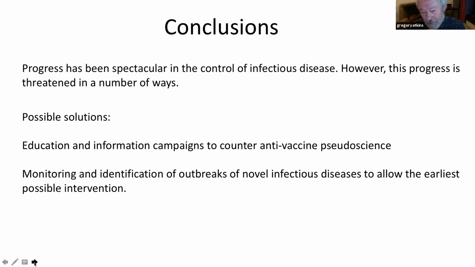We should have tackled it with a proper plan at the initiation of a pandemic early on, which they did in those countries that I mentioned. We haven't done that, but tracking and tracing is obviously going to be important as we go out of this lockdown that we're in now. Okay, well, I'll end there. Thank you for listening to me, and I hope we can take a few more questions.